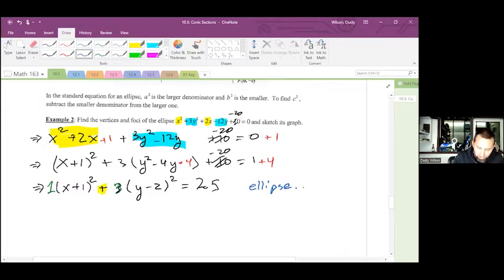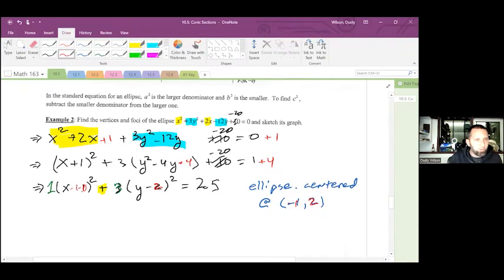Or sorry, centered at -1, 2. The -1 is coming here from the +1, and the 2 is coming from the -2. Because remember, there's that minus sign that's built into the formula. We could write minus or +1 as -1.